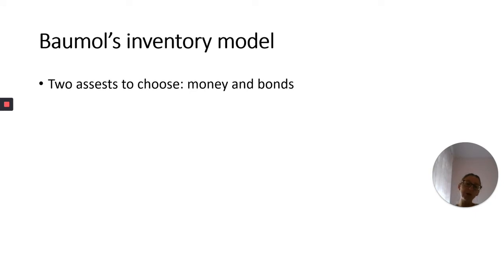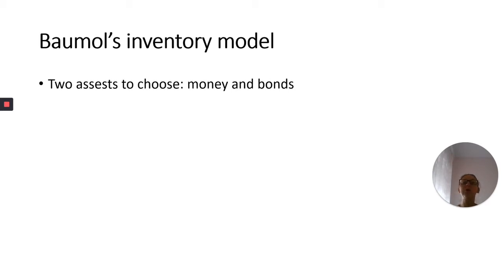The model we are going to discuss here is Baumol's inventory model, and probably it represents the actual economy much better and helps us to understand the transactions demand for money better.